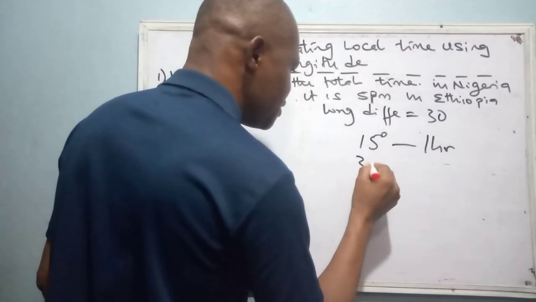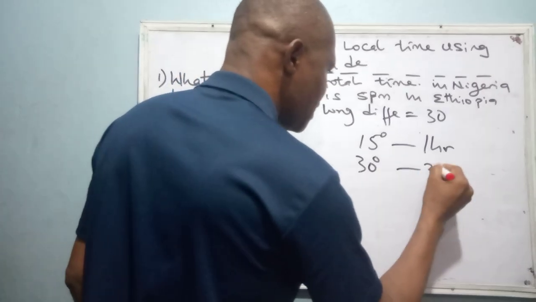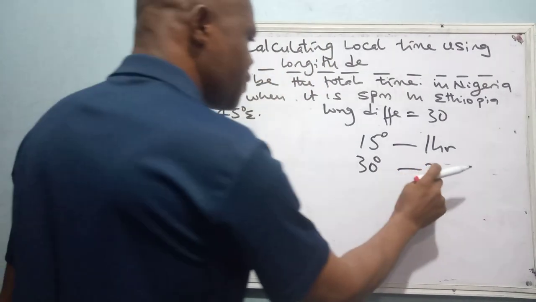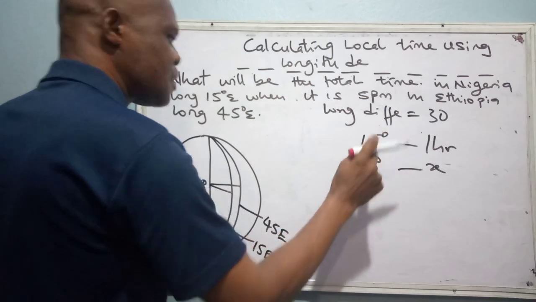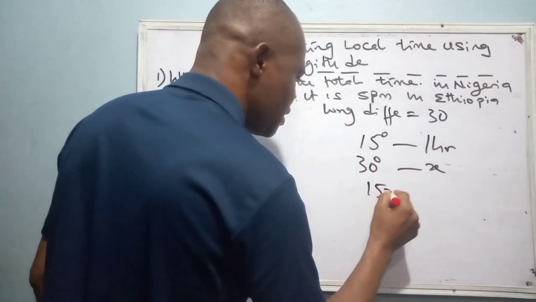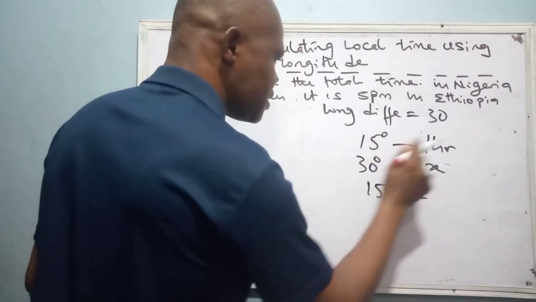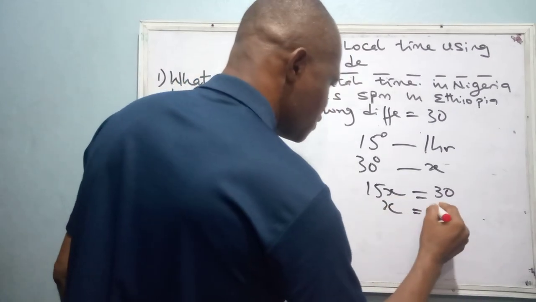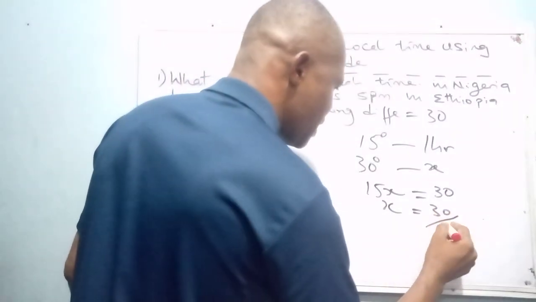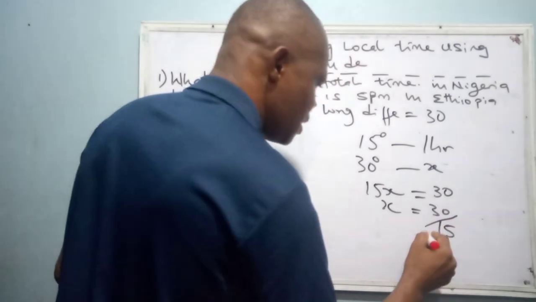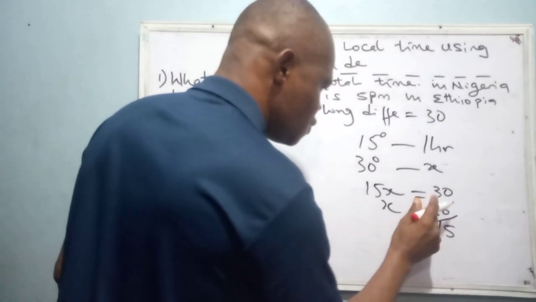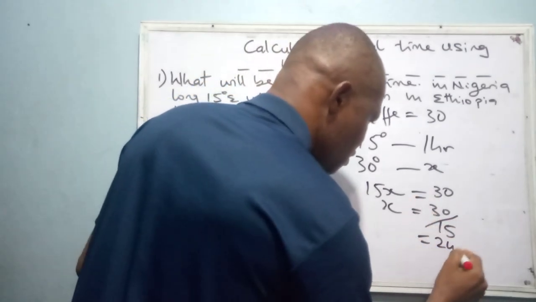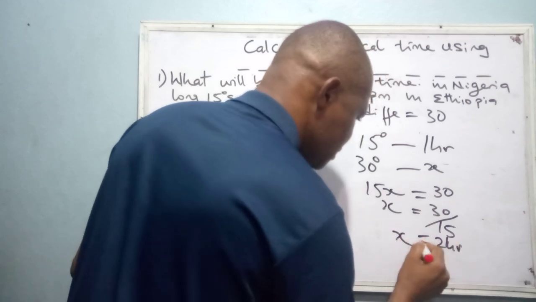So 30 degrees will be covered in how many hours? We're trying to find out. So 15 times x gives us 15x, 30 times 1 gives us 30. So x is equal to 30 divided by 15, and that gives us 2 hours.